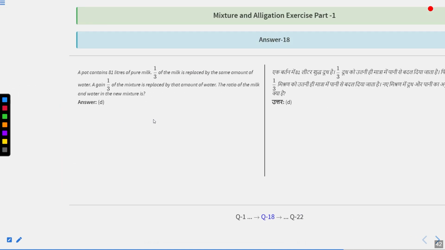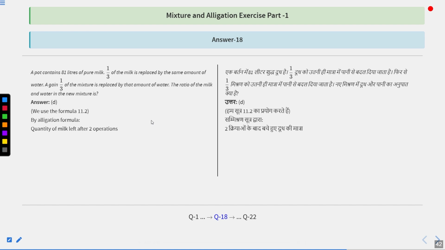Now time's up. Let's see the solution. The question says that the pot contains 81 liters of pure milk. So we remove 1/3 of the milk and add 1/3 of water, clear? And it is repeated one more time.